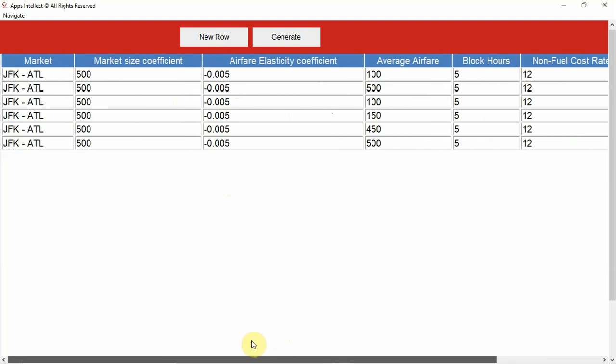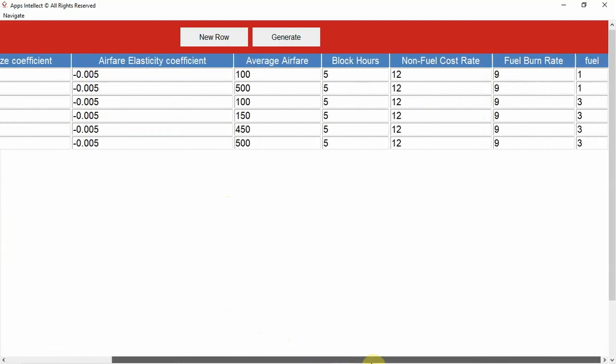These are the columns: market, that is from and to where the flight is going, and then the market coefficient and so on, all the columns and the rates, and then the output will be generated. We click on the generate button.